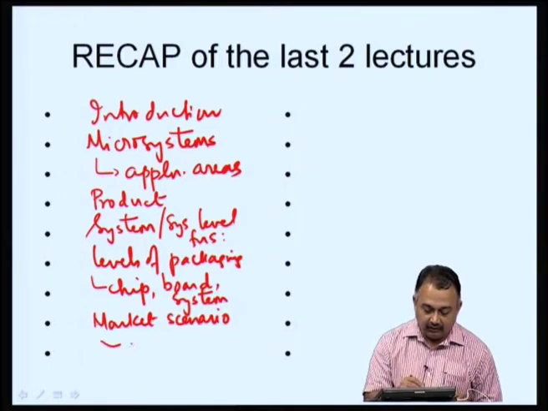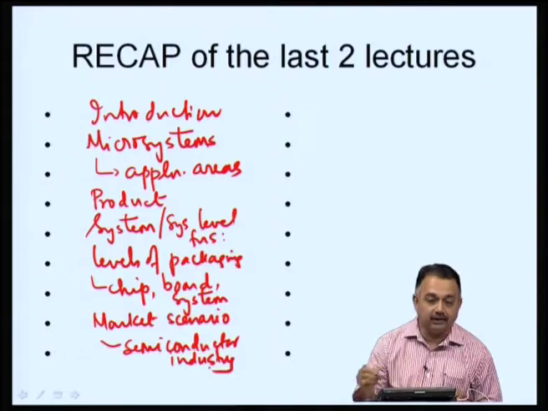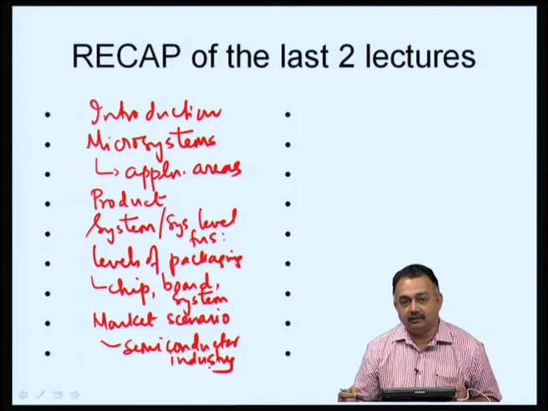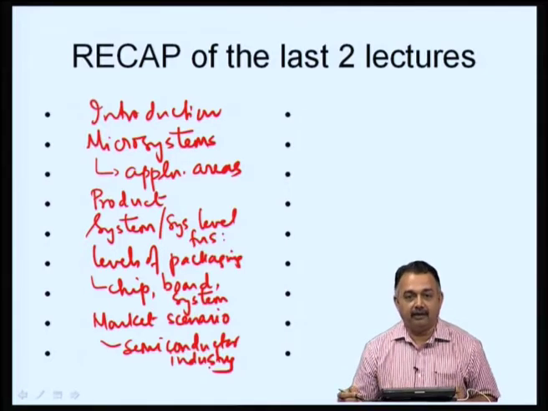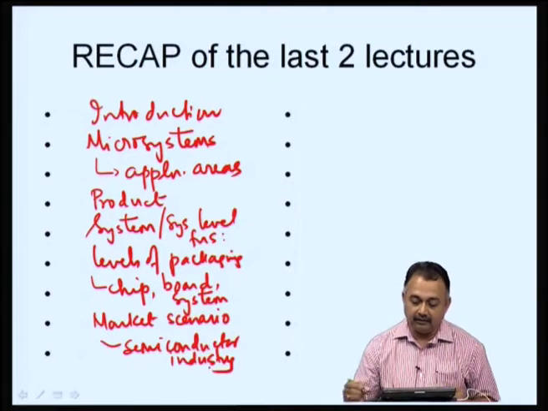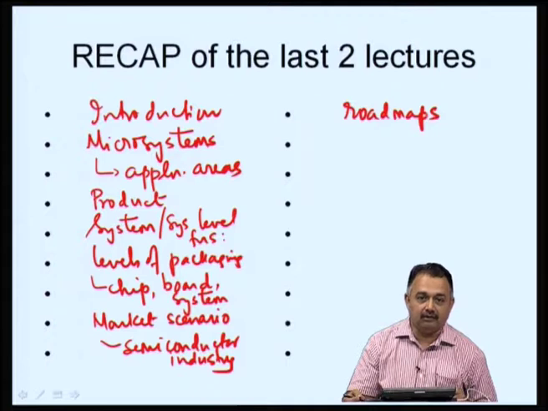We have also seen the growth of the semiconductor industry, because if you talk about packages and packaging, the starting point is your device, chip or a bare die, and how the die is going to be packaged. So, we need to be on the same page with the semiconductor industry today, and in that context we have seen roadmaps. I have been stressing this, that roadmaps are very essential today to understand the growth of the semiconductor industry.